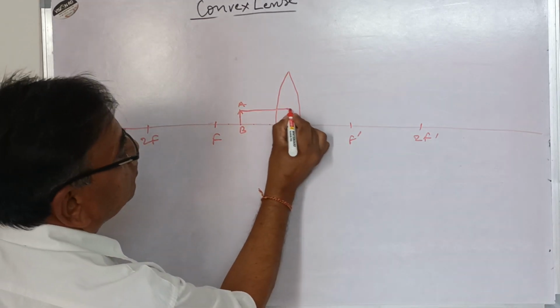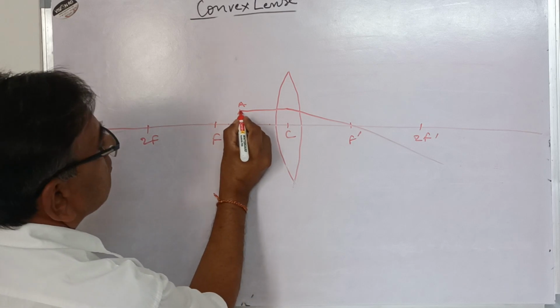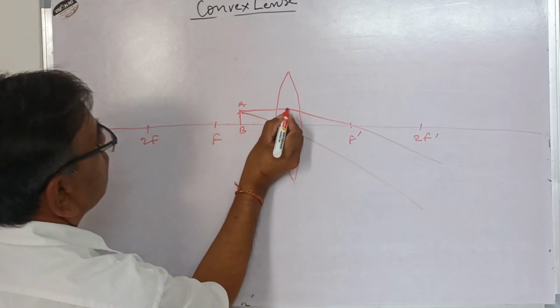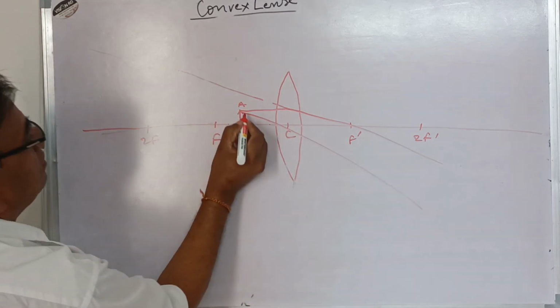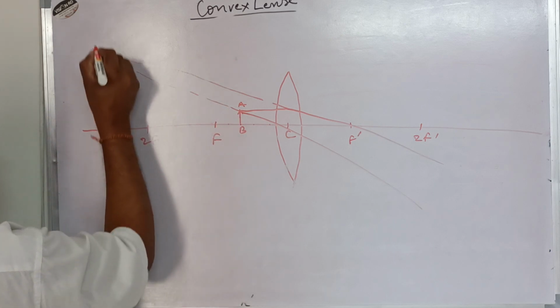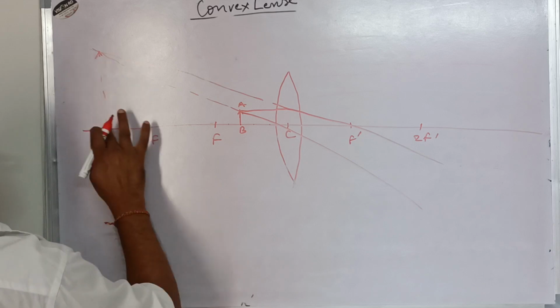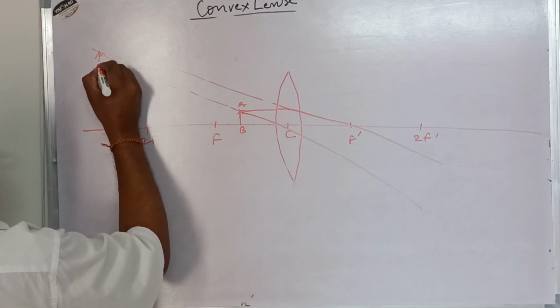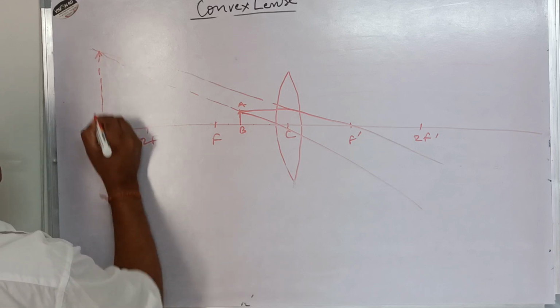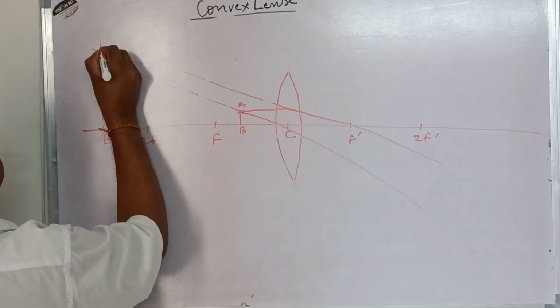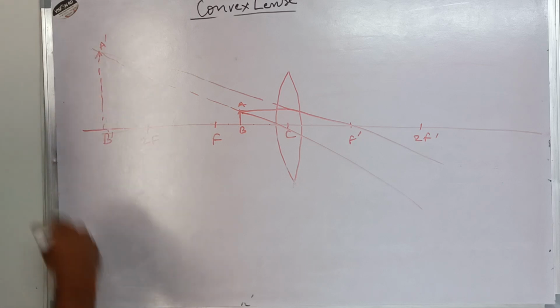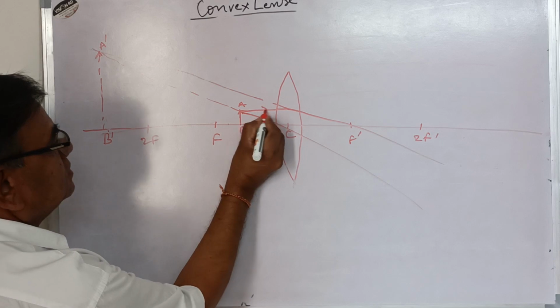Take this from the focus and this from here, and when you extend these two backward, it will come somewhere here. This will be the image. This is dotted because it is not real, so I made it dotted. In this case, this will be the image.